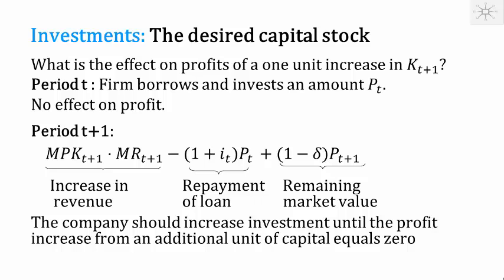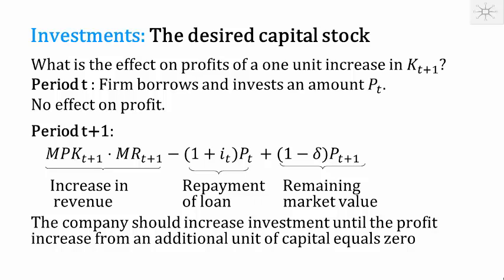And the price is PT. So this year the firm has to borrow and invest an amount PT. And that doesn't affect profit. All you see is that they went to the bank, or some household, they borrowed some money and they made an investment. Nothing of that affects profits.